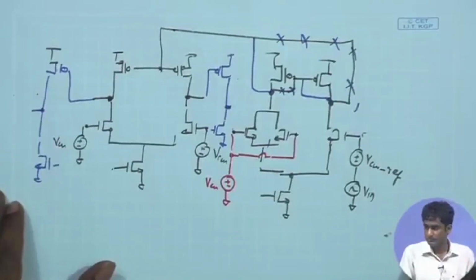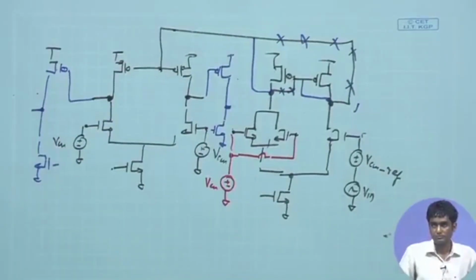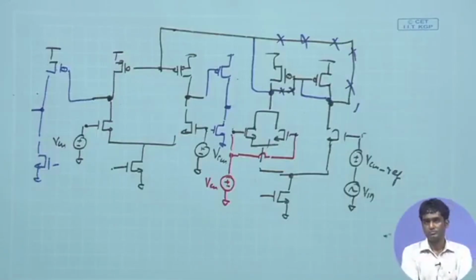So, in the error amplifier, for the first part where we are giving input to the two gates, we want them to be equal to the output of the common source amplifier, right? Yes. So we want the output of the common source amplifier to be close to VCM ref. So why are we giving VCM? We should give VCM ref, that is the expected value.